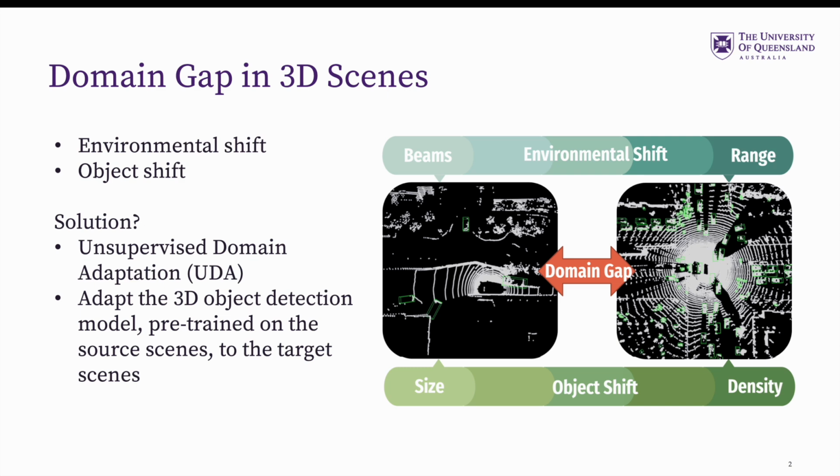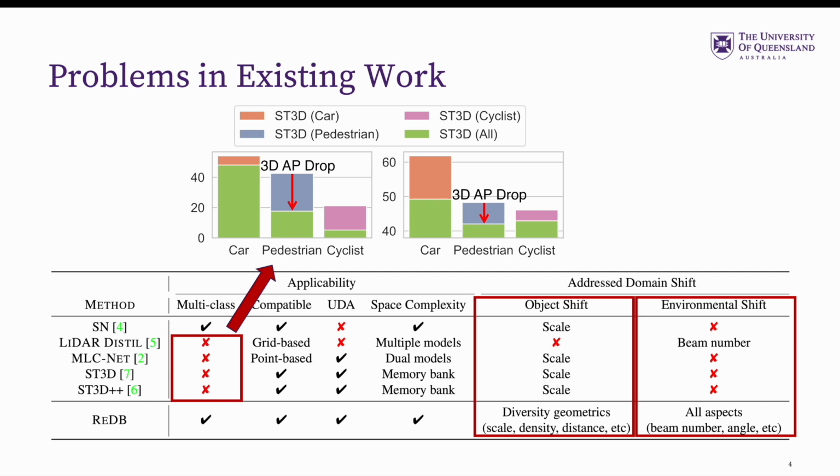To mitigate these domain gaps, we employ unsupervised domain adaptation (UDA) to adapt a pre-trained 3D object detection model from source point clouds to different target point clouds. Although existing works have attempted to tackle domain shifts in 3D scenes, they often overlook three crucial aspects.